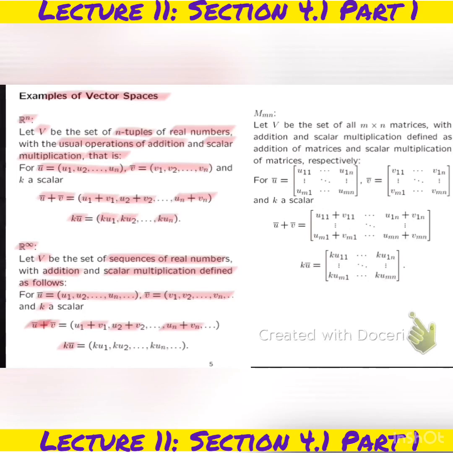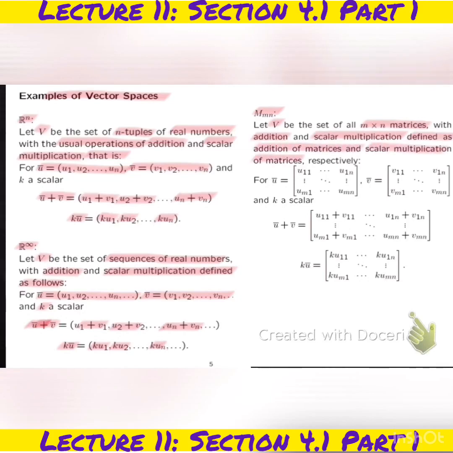And how do you take scalar multiples? You take it per component. Those are the ones we've worked with all our lives. Then we've got M subscript mn, which is the set of all m by n matrices. How do you define addition and scalar multiplication? You define it as we've learned in chapter 1.